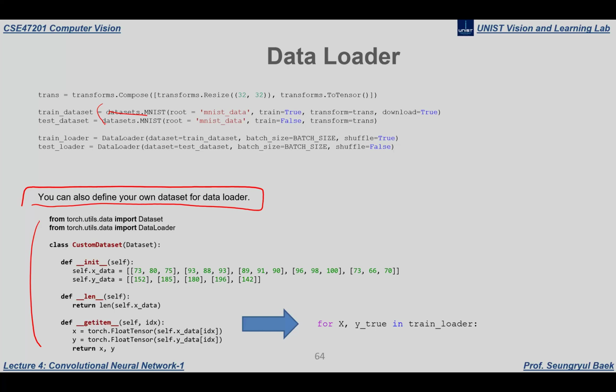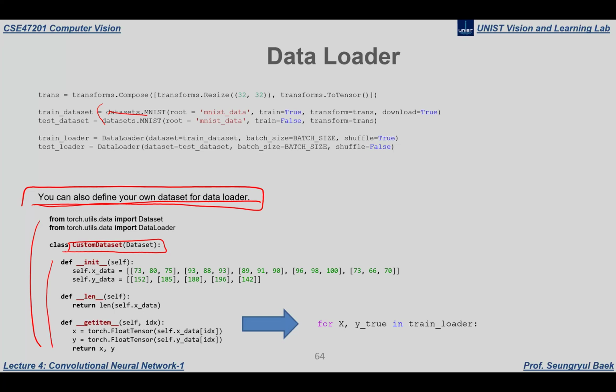But if you want to collect your own training or testing data and use it in PyTorch, then you have to define your own dataset class, okay? And I will show you examples of this dataset class.